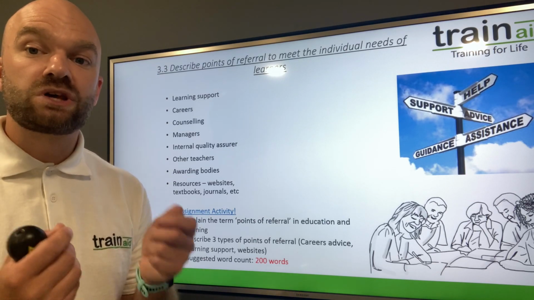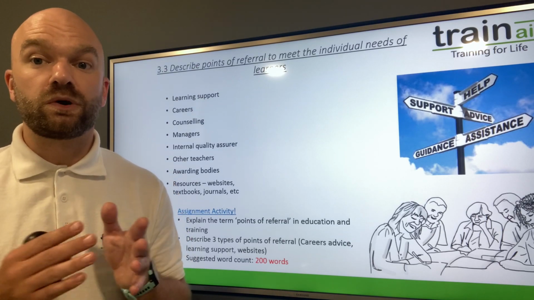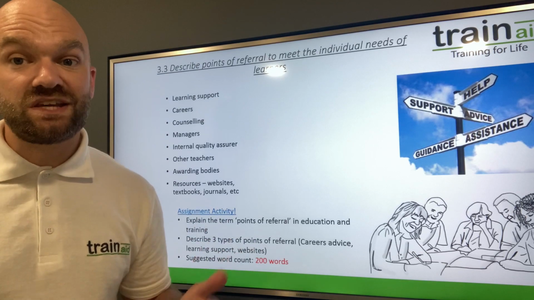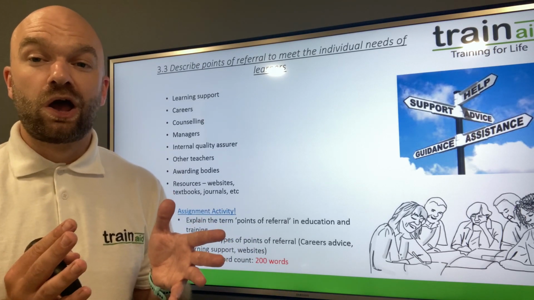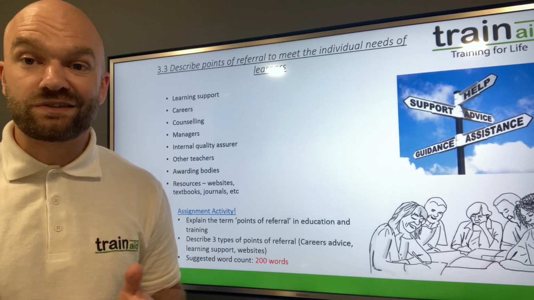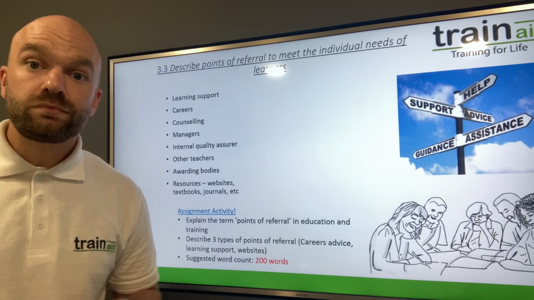So these are the different sources of information or resources or people that we can signpost our learners to. So you as a teacher or trainer, it's good to have a bank of knowledge of who to send the learner to if they are requiring other advice here.